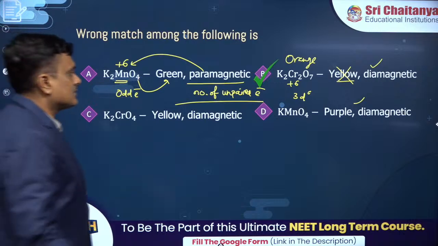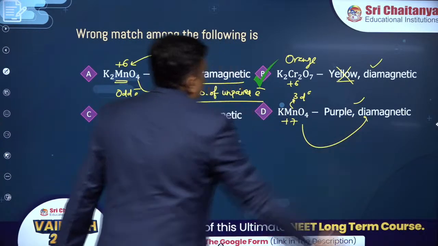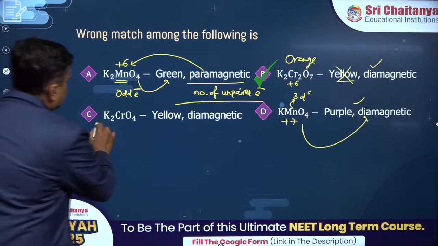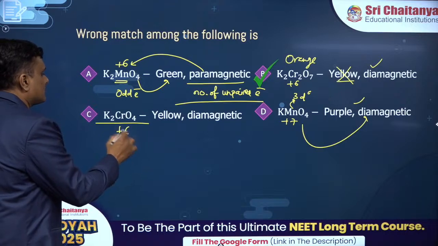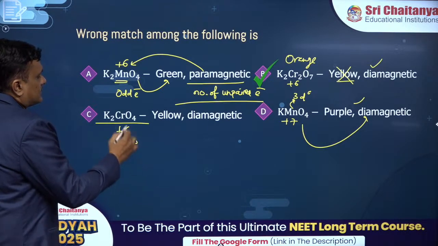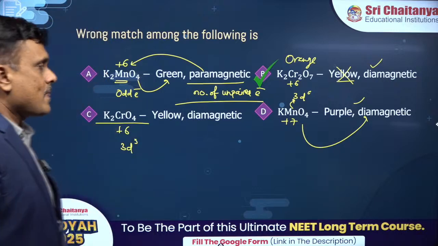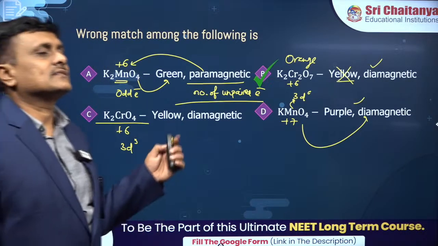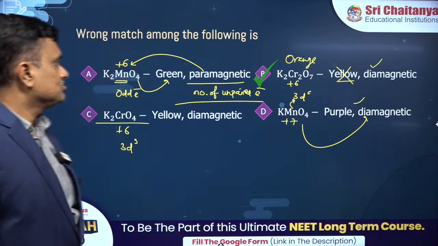Manganese in +7 oxidation state is diamagnetic, doesn't have any unpaired electrons, but what is yellow? K2CrO4, and you can see the oxidation state of this chromium is +6. Got it? No, KMnO4 manganese is +7, it is diamagnetic. Is that okay? Rebecca, have you understood, Isha?